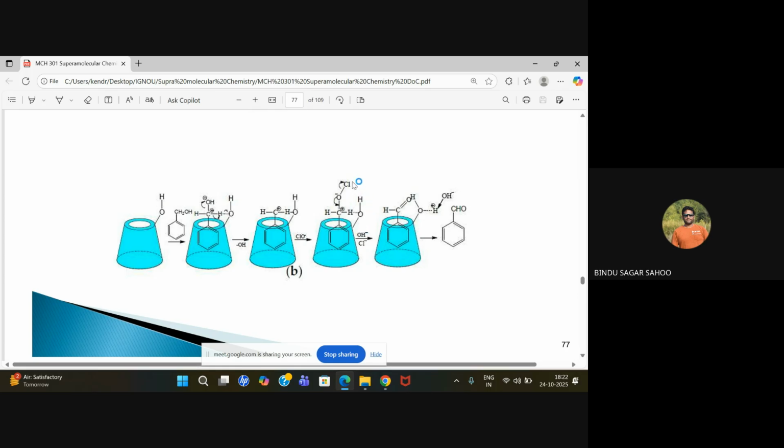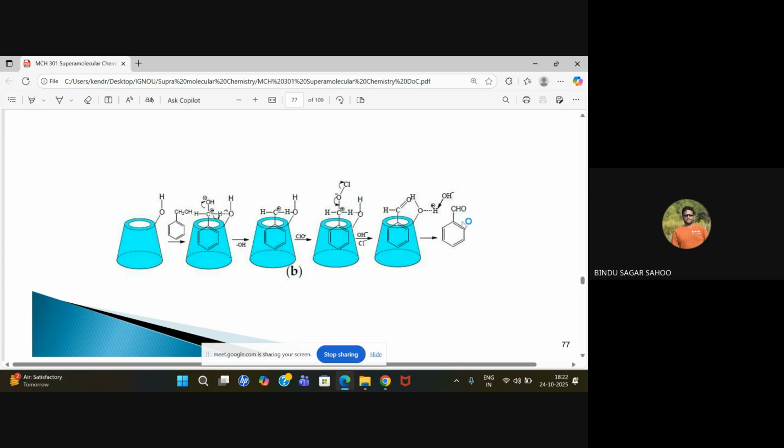That means in the next step the chlorine Cl minus ion will be removed from the structure, and it will form an aldehyde like that. And in a further step, the OH minus ions will stabilize the secondary alcohols, and this main aromatic ring will get connected only with the aldehyde group, and the structure will be like that.